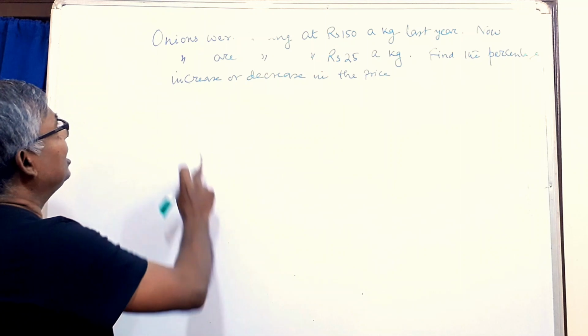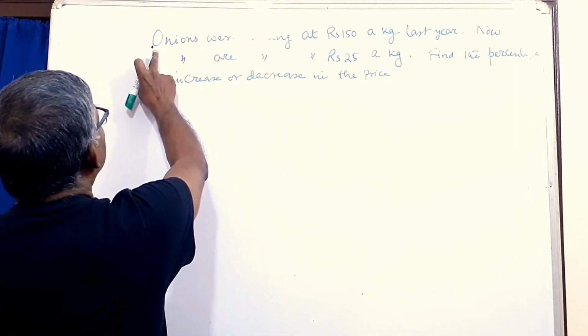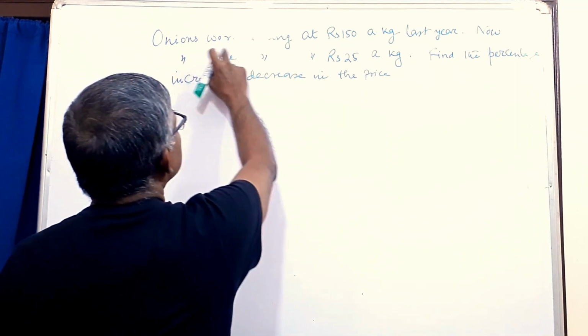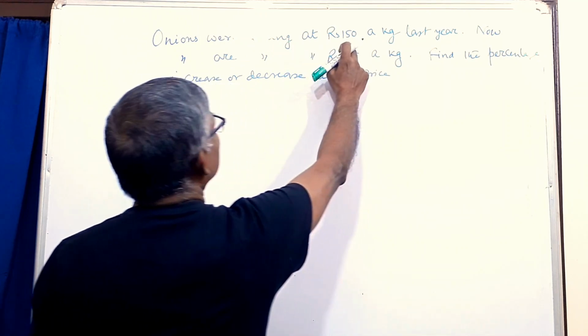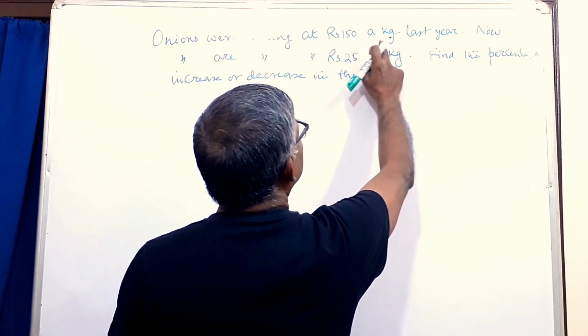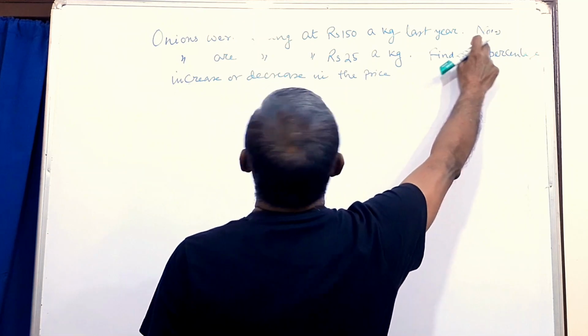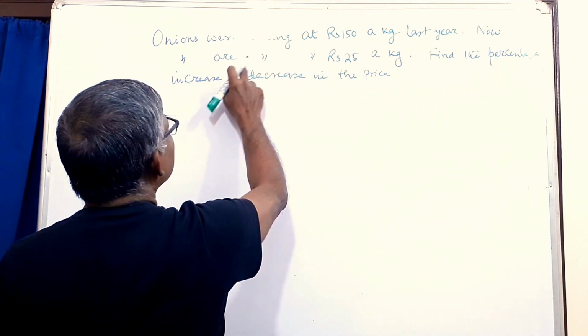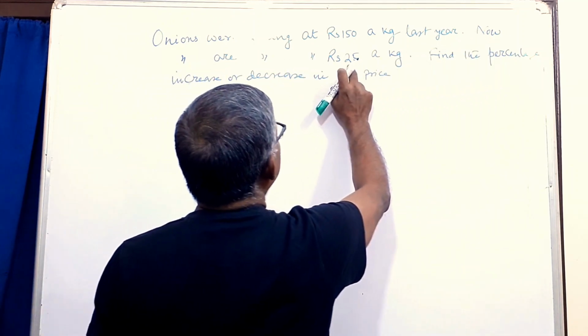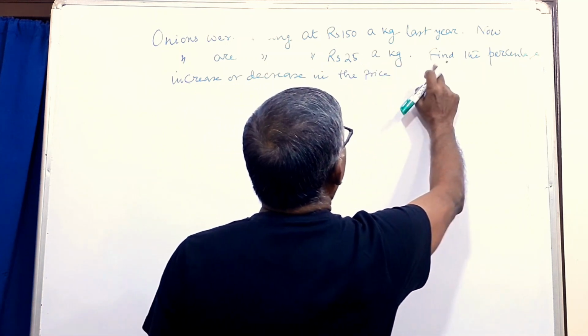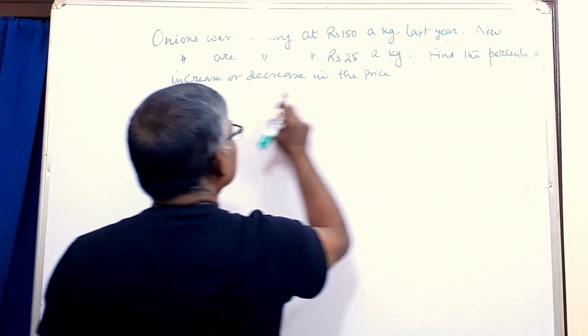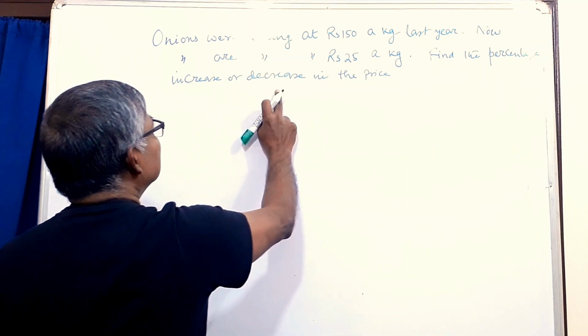Let us consider the problem. Onions were selling at rupees 150 a kg last year. Now onions are selling at rupees 25 a kg. Find the percentage increase or decrease in the price.